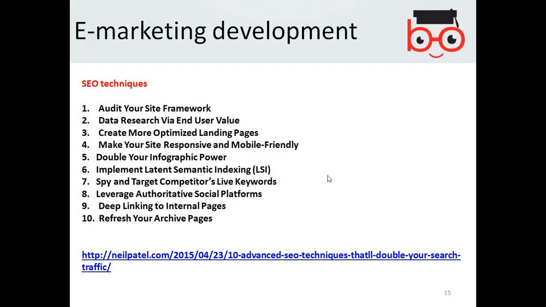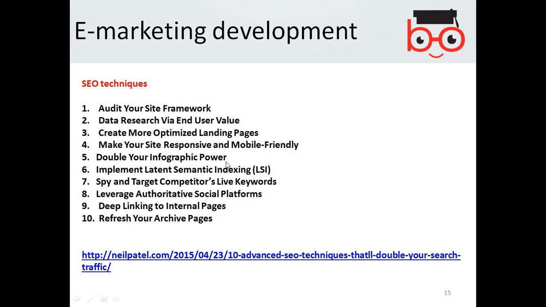Now, techniques. SEO techniques involve auditing your site framework, to check whether it is good or not. Data research via end user value. Create more optimized landing pages. Your first page should be very much optimized. It should have more and more information. Make your site responsive and mobile friendly. Double your infographic power.